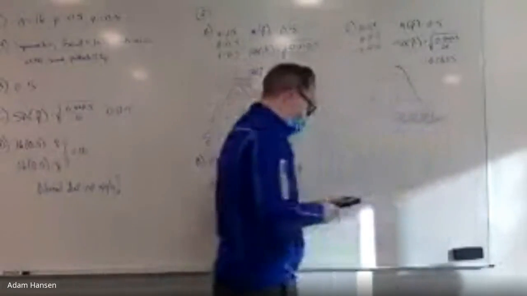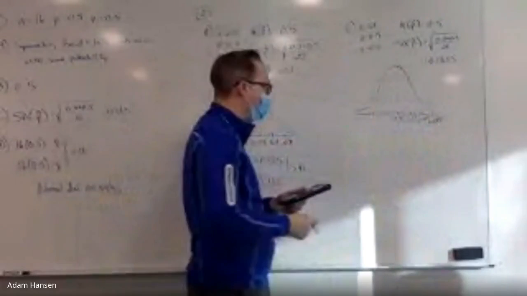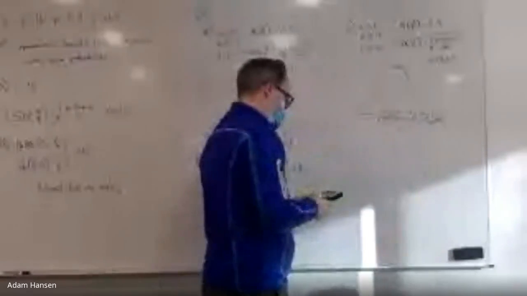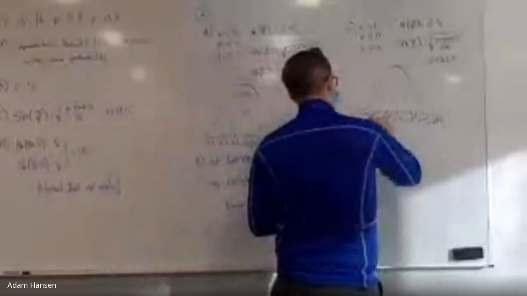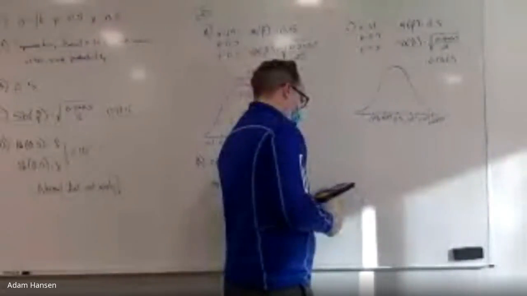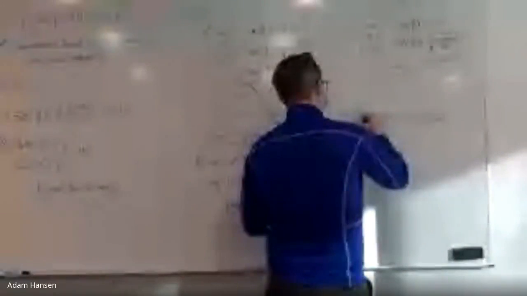Now we're going to subtract. Go to the left. 0.4375. And 31.25% for the last one.